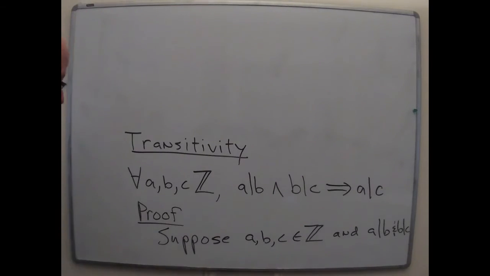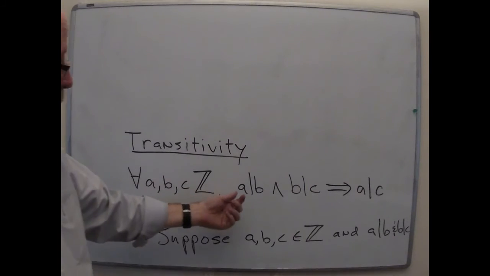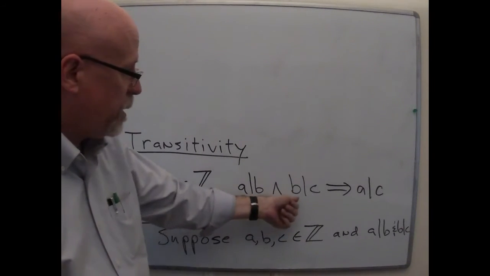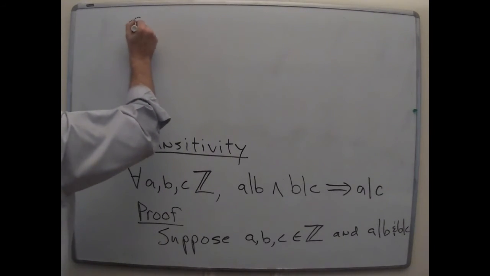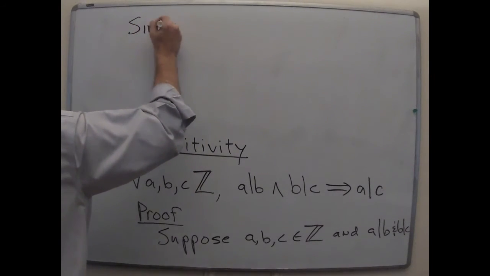Where are we going to go next? We threw in our first suppose sentence, and notice it involves this concept of divisibility that we have just written down a formal definition for. So let's use that. That second sentence begins with the word since.